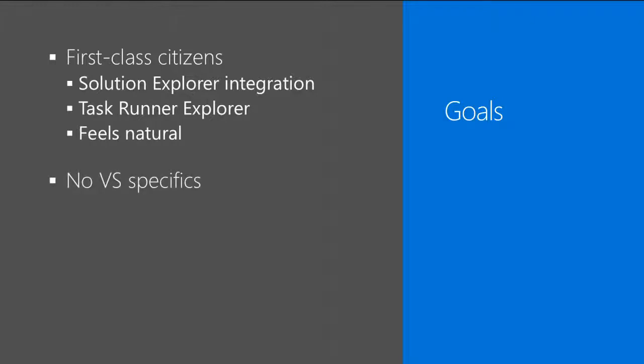It's also very important that there's nothing Visual Studio specific in what we're doing. All these tools, almost everyone out there that uses them today is using the command line to invoke and run tasks and install packages and all this sort of stuff. And you can still do that. We want Visual Studio not to add anything specific that only makes it work with Visual Studio, or that you have to modify these tools a little bit so that they light up in Visual Studio.